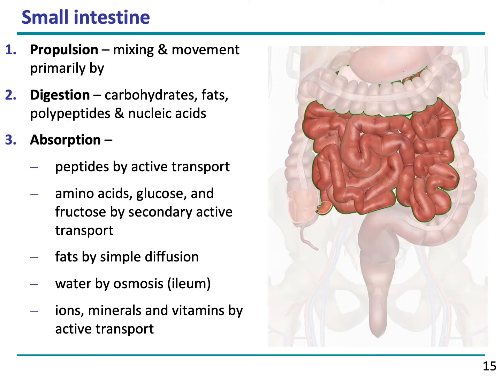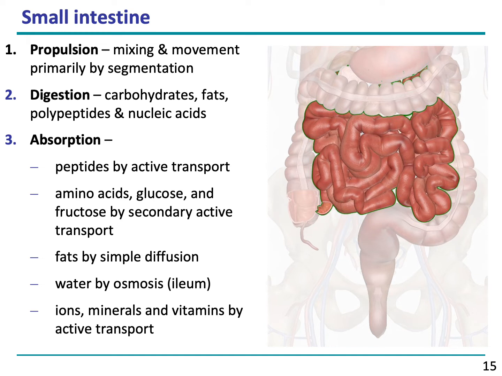So the small intestine is going to be mixing and moving the chyme primarily by segmentation, and it's going to be digesting carbohydrates, fats, polypeptides, and nucleic acids. The small intestine is going to be absorbing peptides by active transport.